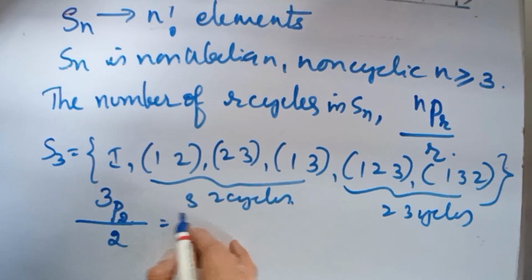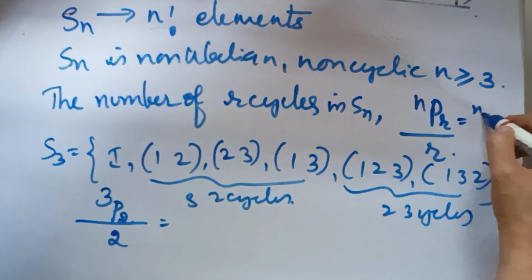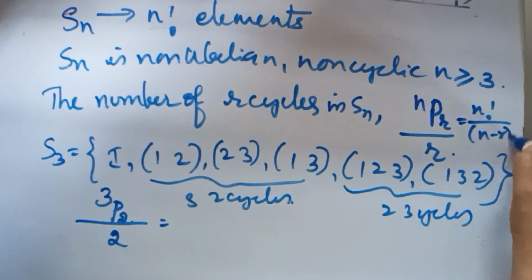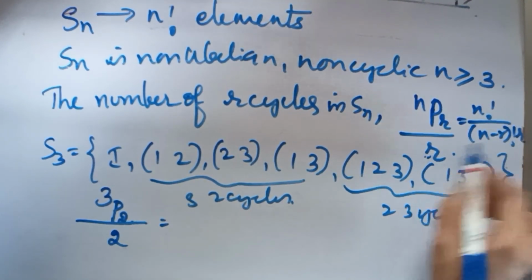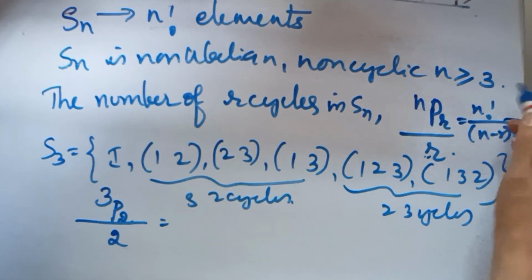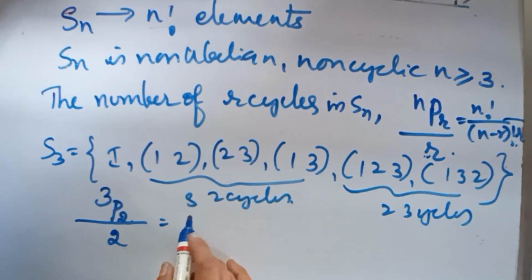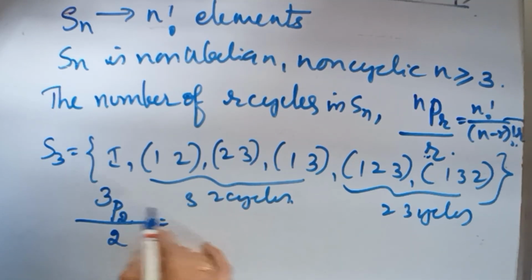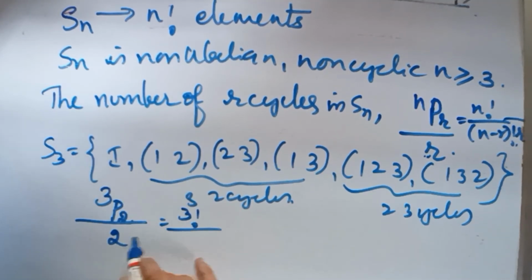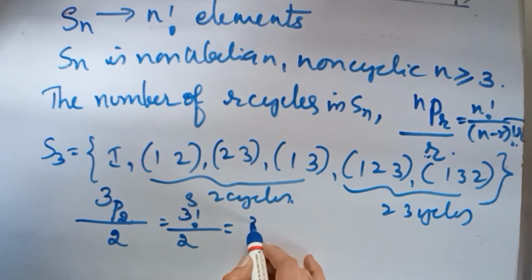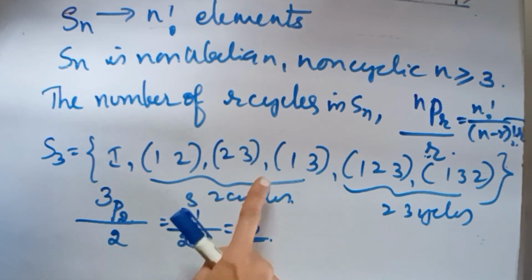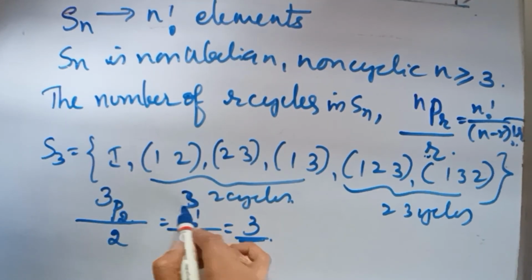The nPr formula is n factorial divided by (n minus r) factorial. So 3P2 means 3 factorial by (3 minus 2) factorial, which is 3 factorial divided by 2. That gives you 3. So the number of 2-cycles is 3. We got the same thing.